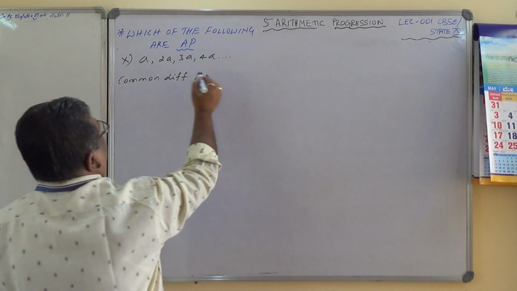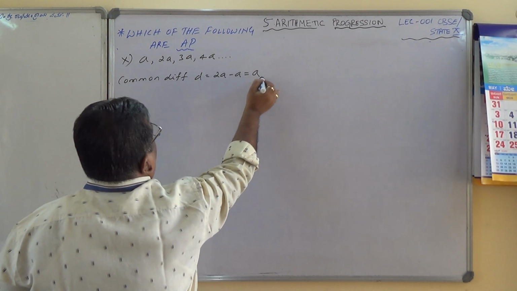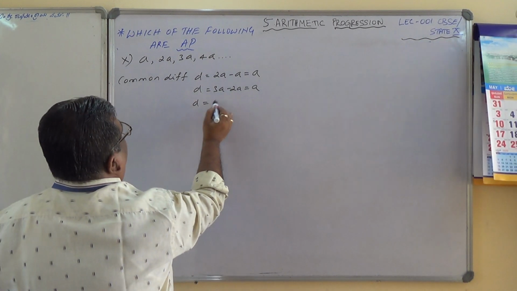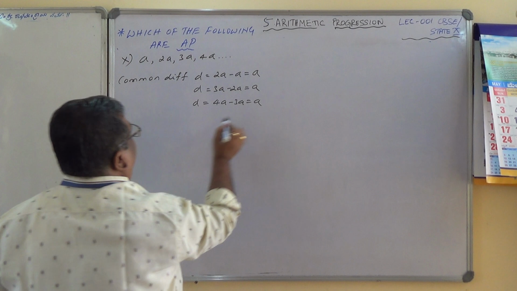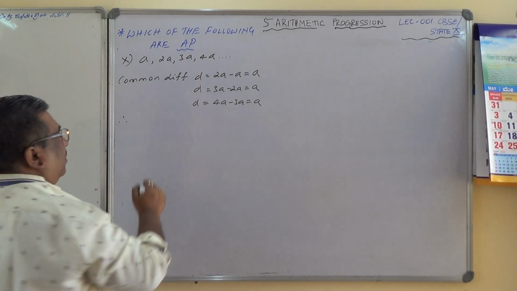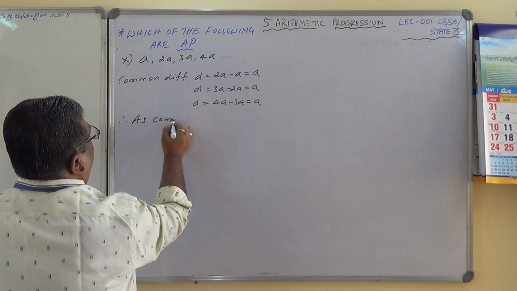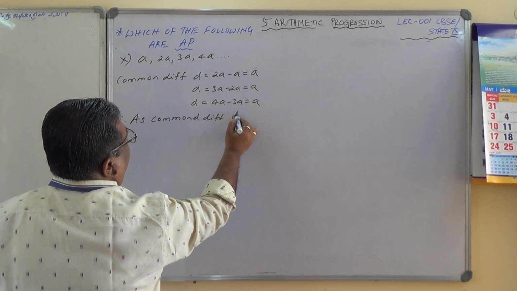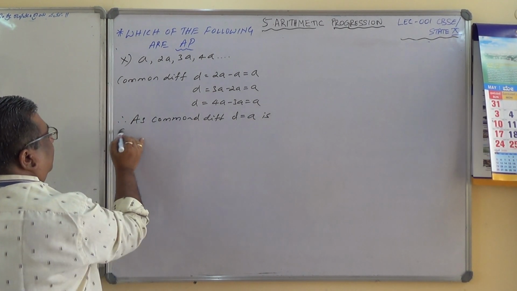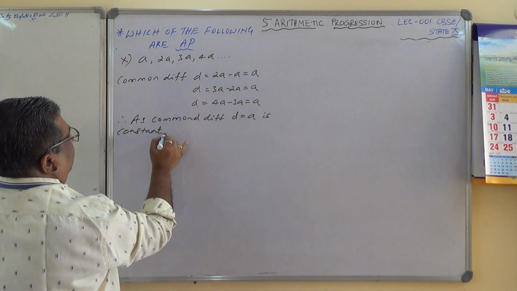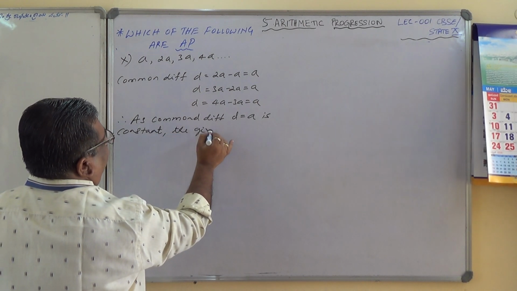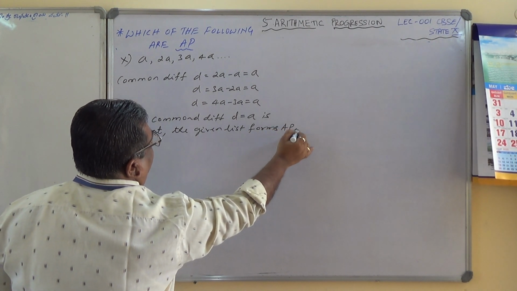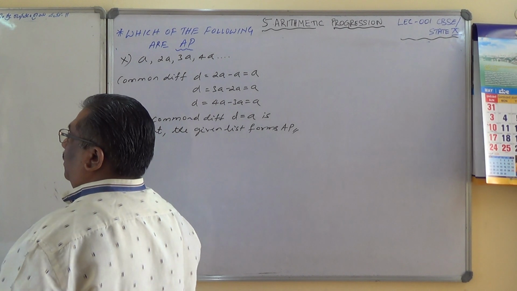D equals 2A minus A equals A. D equals 3A minus 2A equals A. D equals 4A minus 3A equals A. Therefore, as the common difference D equals A is constant, the given list forms an AP. Next question.